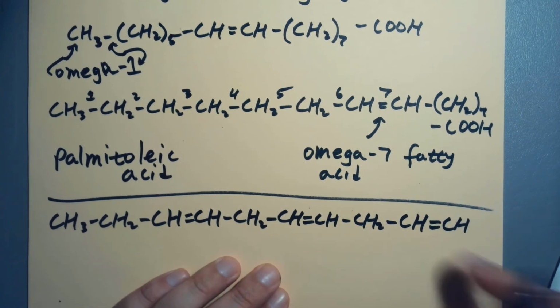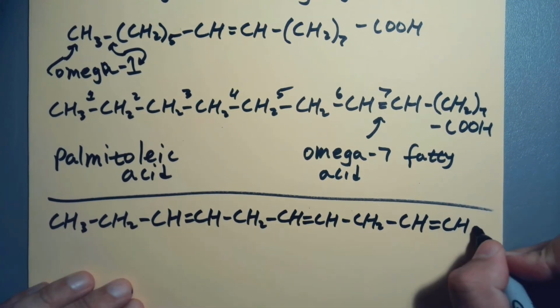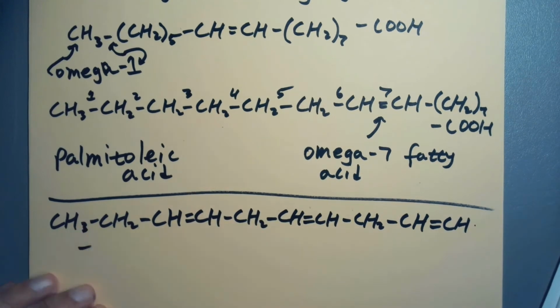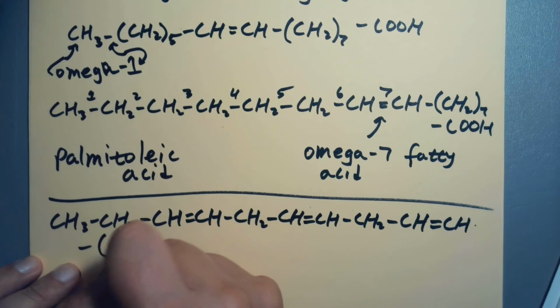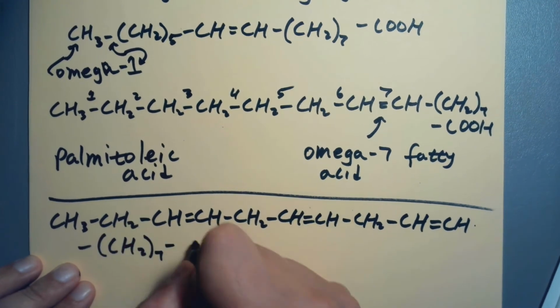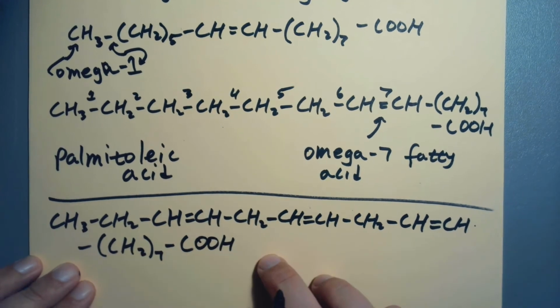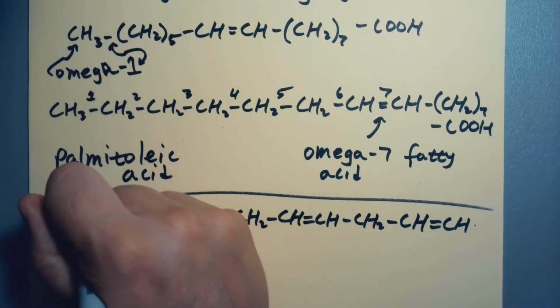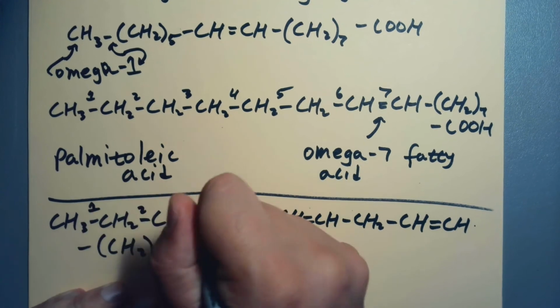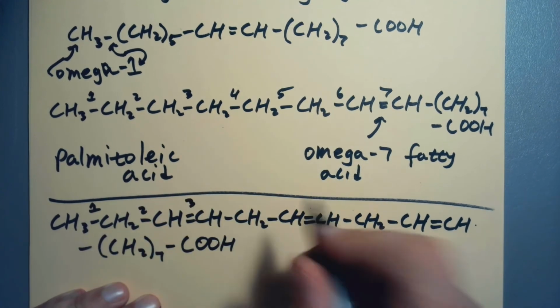So 1, 2, 3, okay. And so let's keep it going. Dash CH2, 7 of those, COOH. So the chain just keeps going through here. Alright, and so if we number this out, 1, 2, 3, so it's an omega 3.